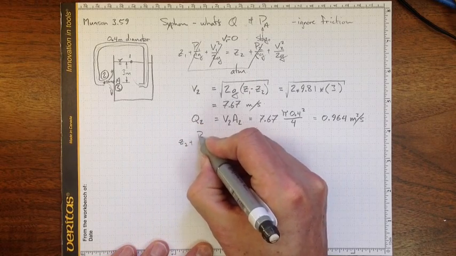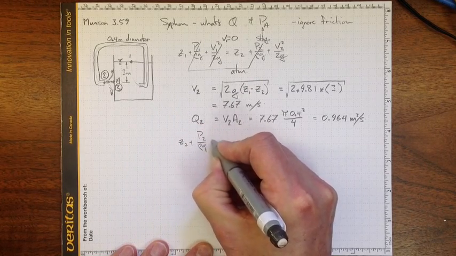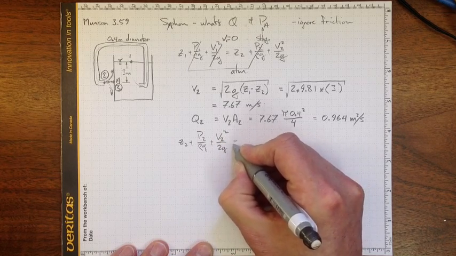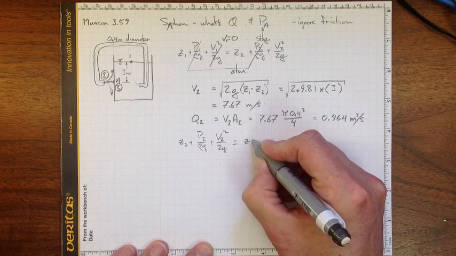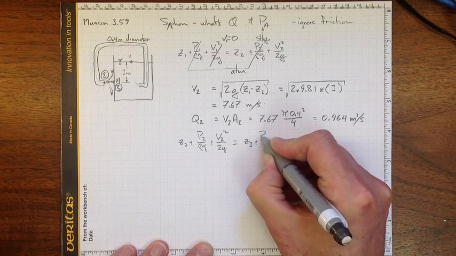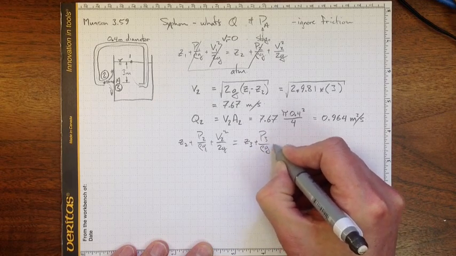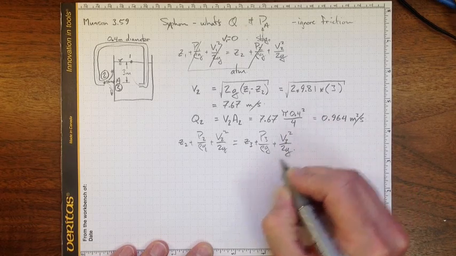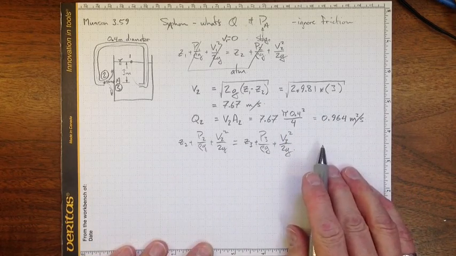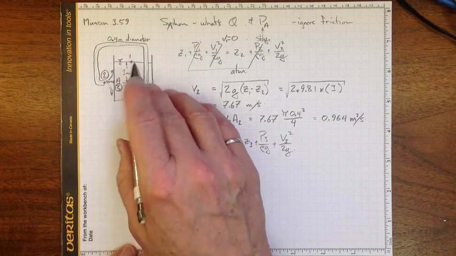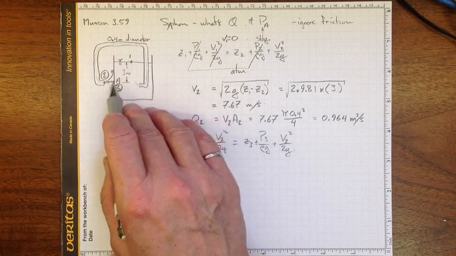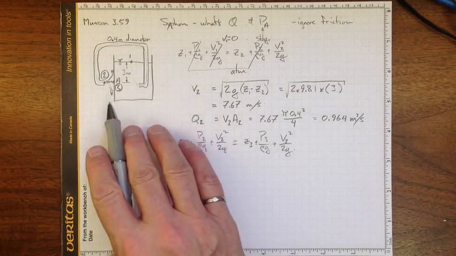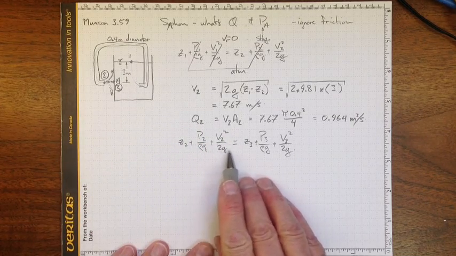Z2 plus P2 over rho g plus V2 squared over 2g equal to Z3 plus P3 over rho g plus V3 squared over 2g. We can always write Bernoulli along a streamline between any 2 points. We could write it directly between 1 and 3, in fact. So let's see if we get the same answer both ways. Here we've written it between 2 and 3.